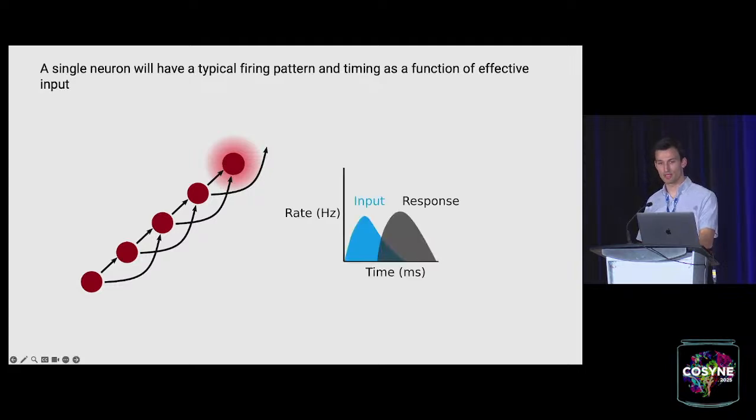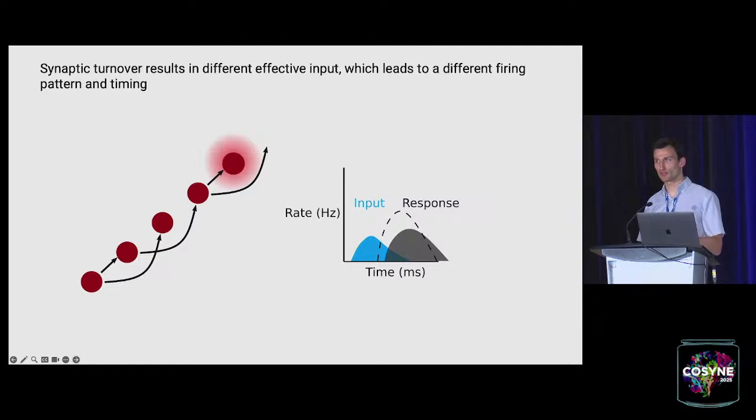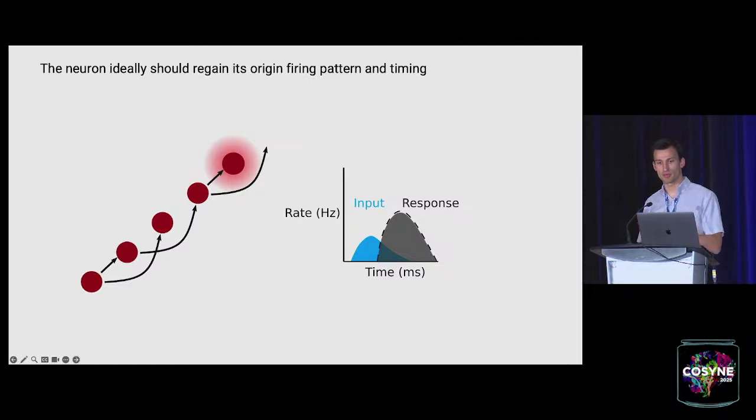It will get some input from the chain, and will have some typical response as a function of that input. When synapses turn over, this will affect the effective input that the neuron sees and therefore shift its firing pattern and timing. And so ideally what would happen under plasticity is that this neuron would be able to compensate for that altered input by regaining its original firing pattern and timing.